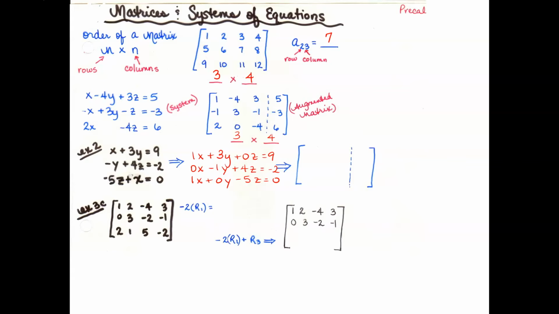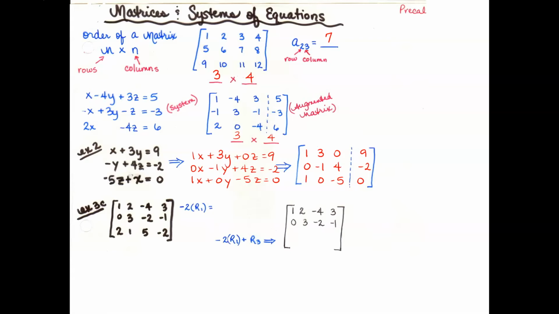Now that I've rewritten my system, I can write my augmented matrix. What's going to be in the first row of my augmented matrix? Perfect. 1, 3, 0, 9. How about my second row? 0, -1, 4, -2.